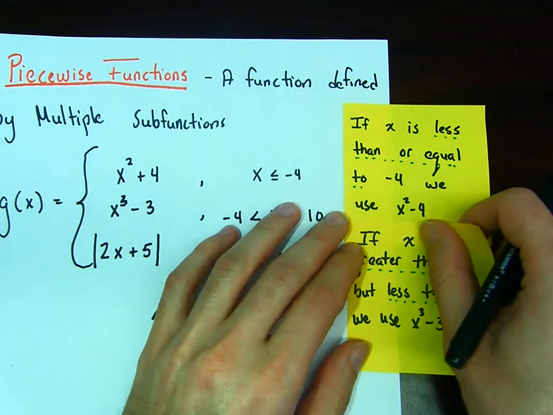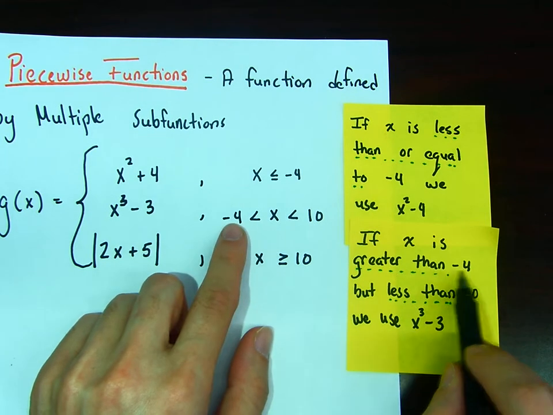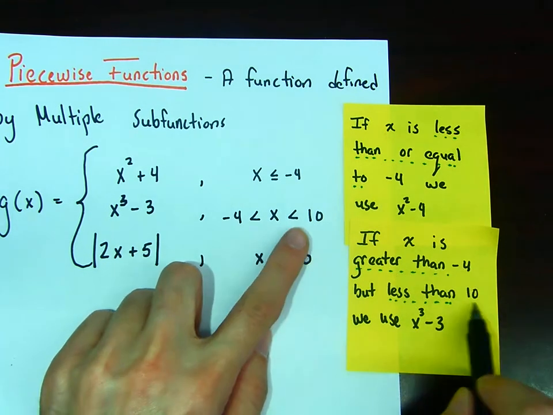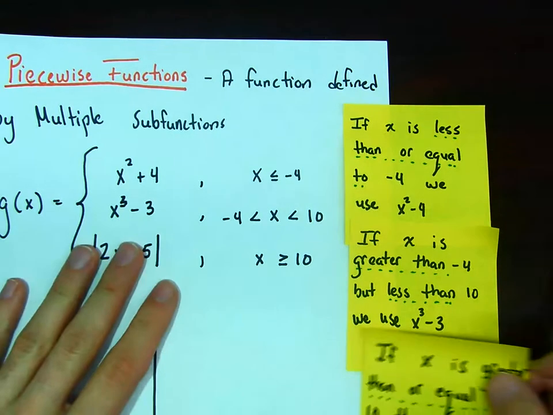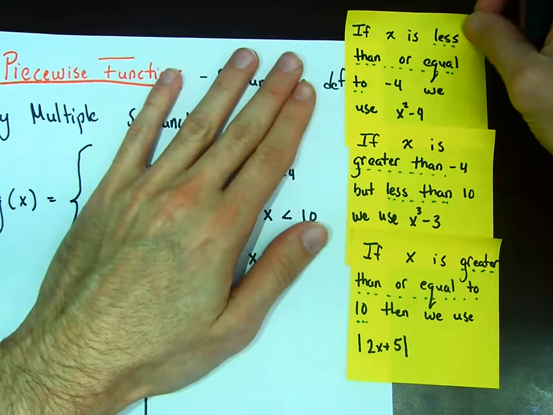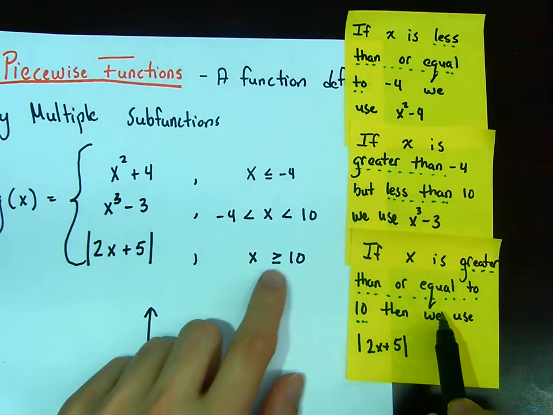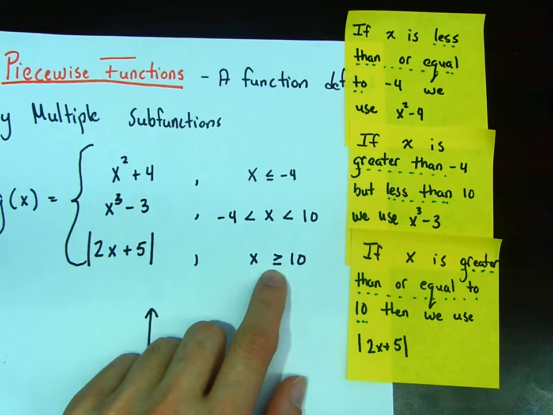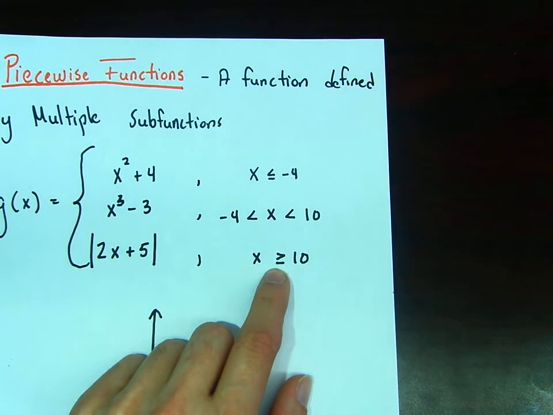If x is greater than negative 4 but less than 10, we're going to use x cubed minus 3. And the final part, if x is greater than or equal to 10, then we're going to use 2x plus 5.